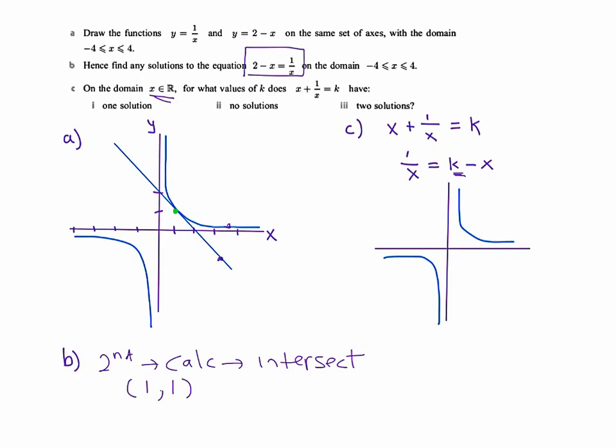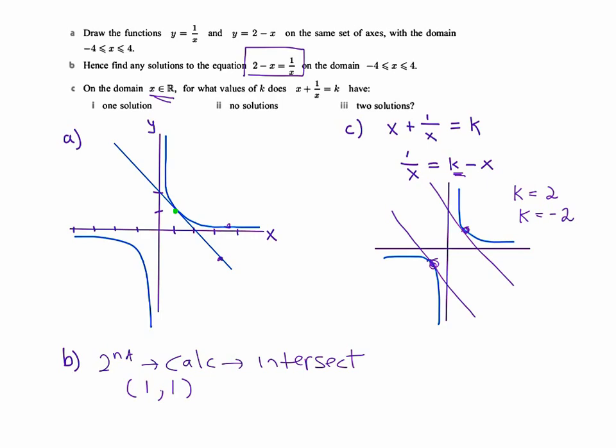So when are these two graphs going to have one solution? That means when are they going to intersect exactly at one place? We've already looked at that. It's exactly going to have one solution if it was a line that passes through here or a line that passes through over here. So k must be equal to 2, or k must be equal to -2, because they are symmetrical.